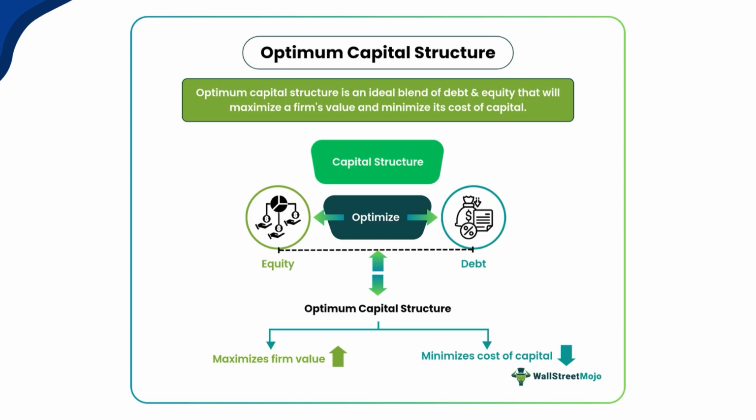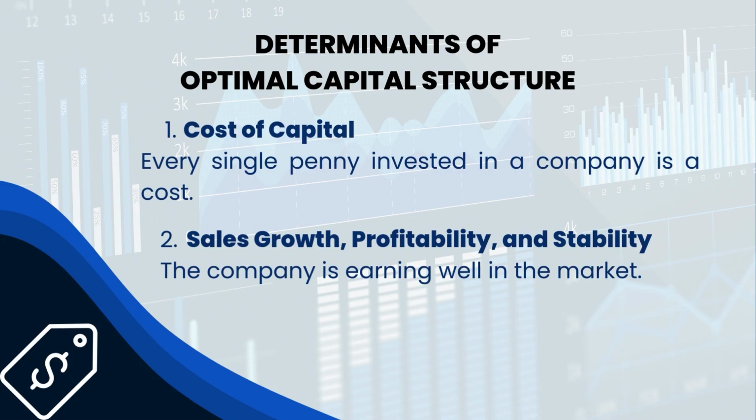So there are various determinants of optimum or optimal capital structure that have a significant impact on the operations and management of the organization. So let us understand some of its determinants along with their importance.